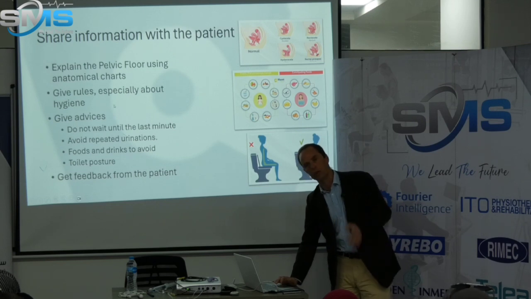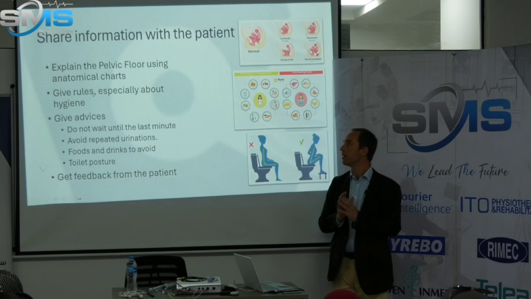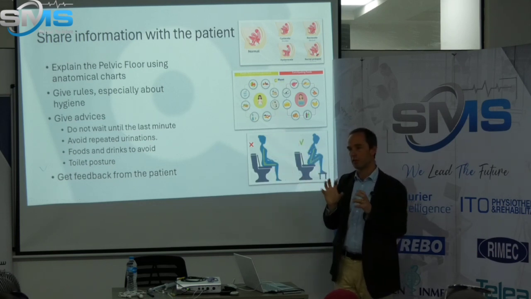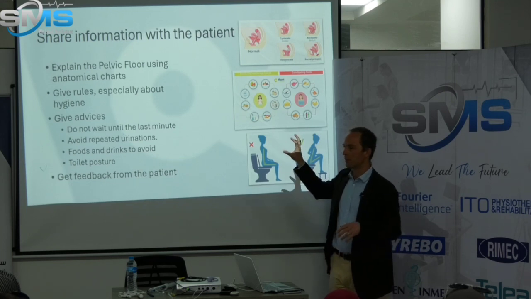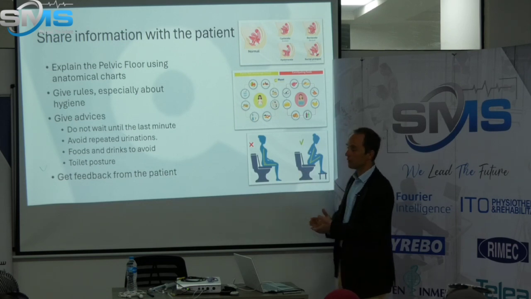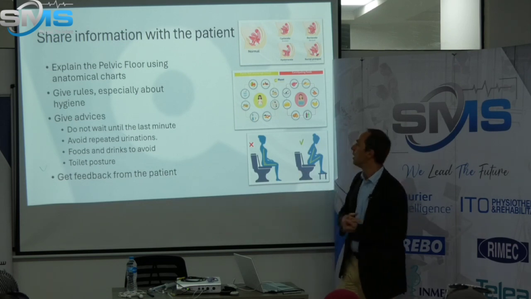Do not hesitate to talk a lot with your patient. Give important rules, explain. The most important is about hygiene, because we are in an intimate area, so we have to take care of hygiene. So give rules to your patient, explain what she can do, what she cannot, what is okay, what is not okay.